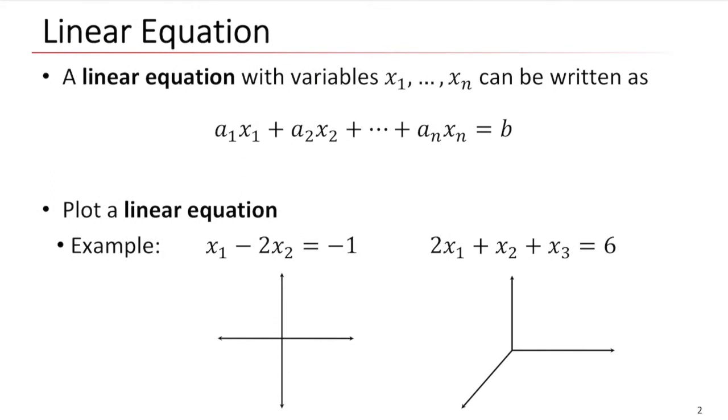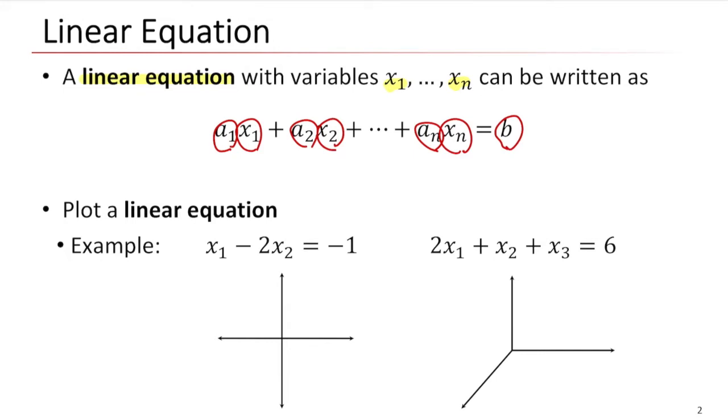A linear equation with variables x1 through xn can be written as follows: the constant a1 times variable x1 plus constant a2 times variable x2 and so on up to constant an times variable xn is equal to v. So a linear equation is just a combination of linear terms with variables x1, x2, through xn.